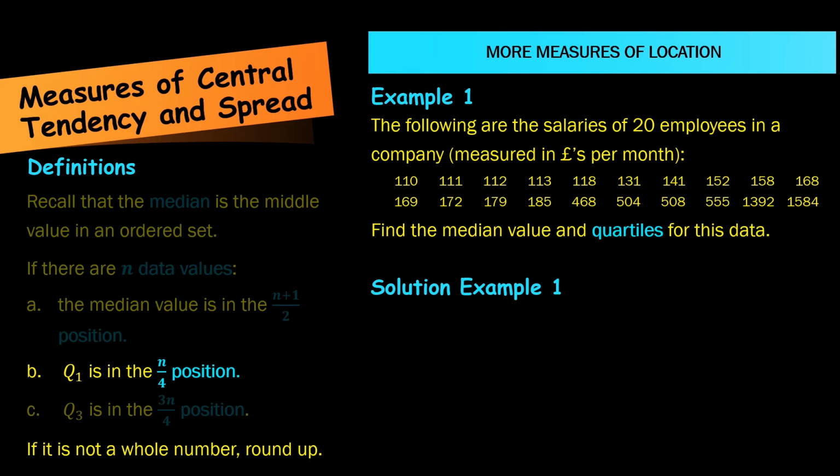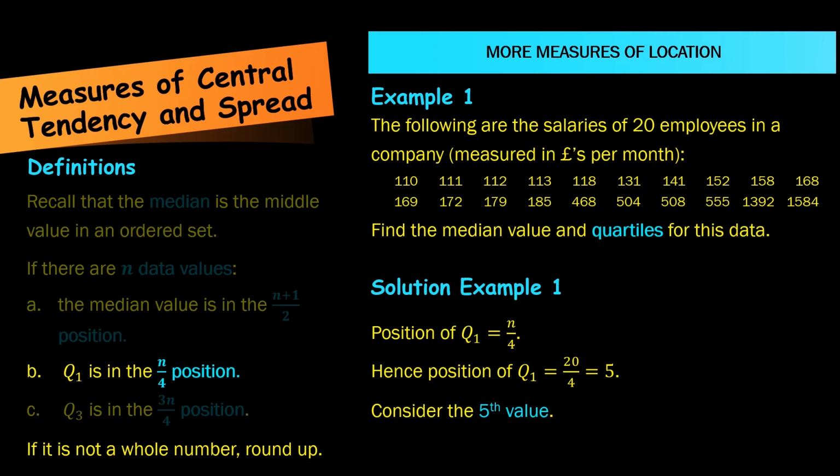And now for the first quartile. The position of Q1 is n over 4. So the fifth value.